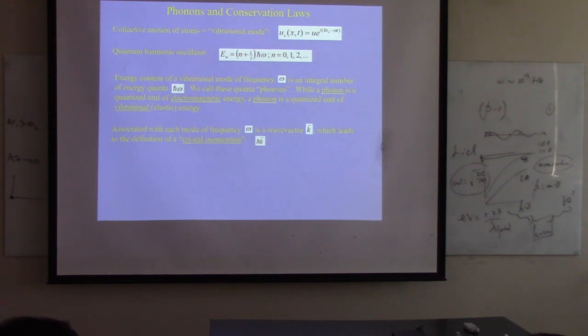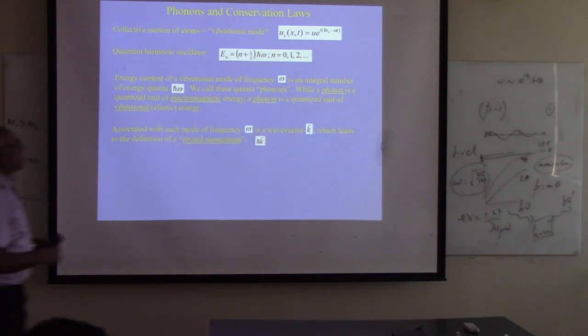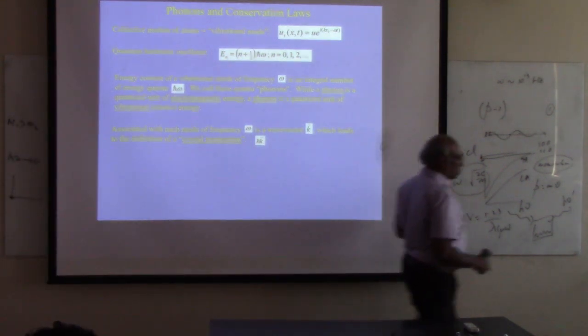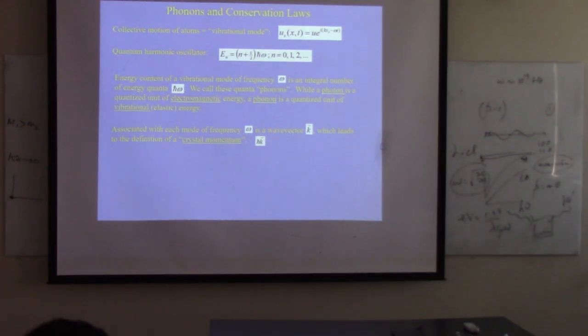If I write h as 2π times ħ, and k is defined as 2π over lambda, that means 1 over lambda is k over 2π. Then if the 2π cancel, you get p as ħk. So typically the energy is ħω, and momentum is given by ħk.